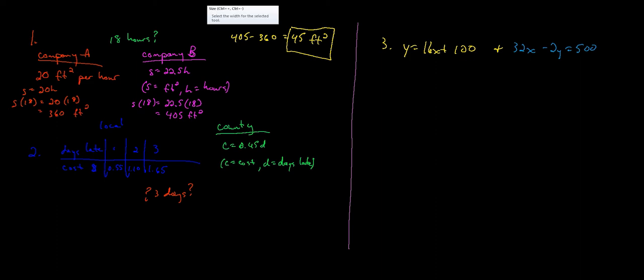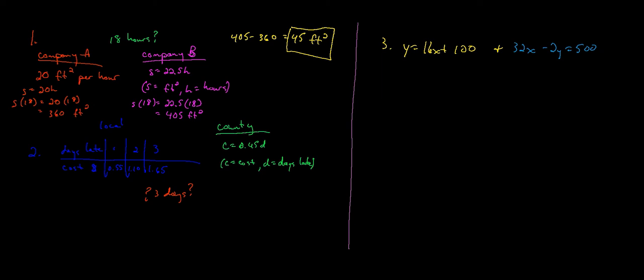Now with number 2, we are told that late fees for the county library are given by the function C equals 0.45D, where C is the total cost of the fine and D is the number of days the book is late.